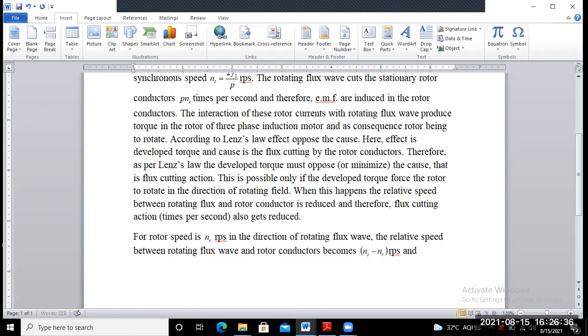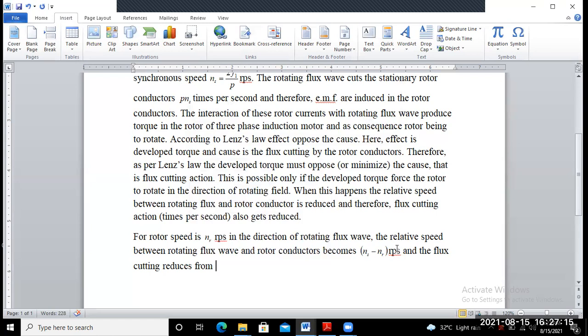In a starting case, what is the flux cutting action? It reduces from P into ns times per second to P into (ns minus nr) times per second, is it not?